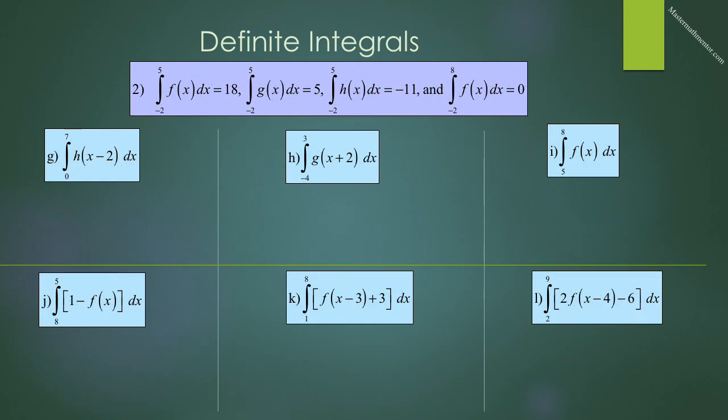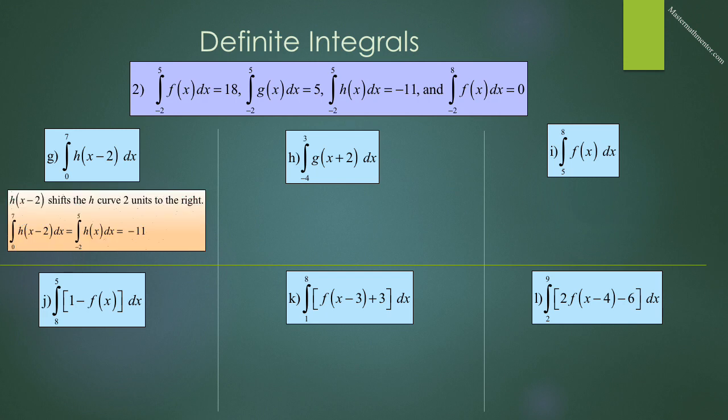We have 6 more problems using the same information that we had on the last page. These problems, however, focus on horizontal translations, which will affect the limits. G asks for the integral from 0 to 7 of h of x minus 2 dx. To do this, you have to realize that h of x minus 2 shifts the h curve 2 units to the right.